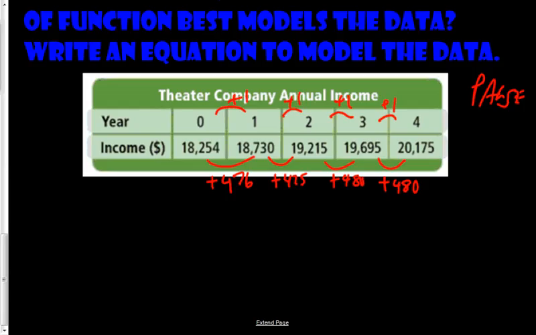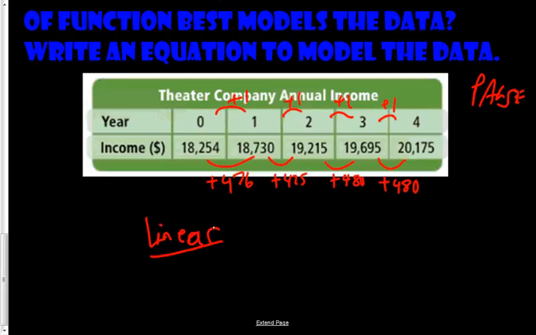All right, so this one dealt with theater company annual income over years. So it is going up slightly each year. And the thing is, it's not going to be perfect, but it's very close to the same. 476, 475, 480, 480. So we're going to say it's going up by 480 each time on average. And it's going to be a linear function then.